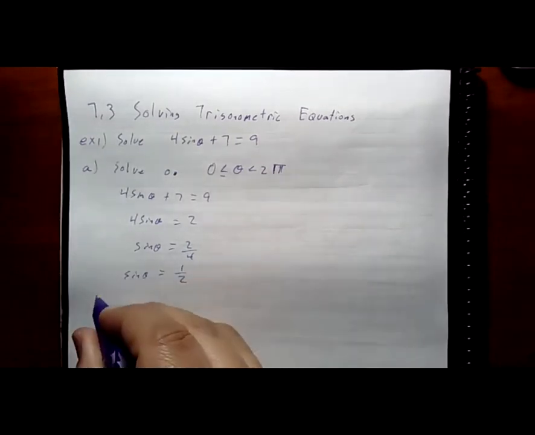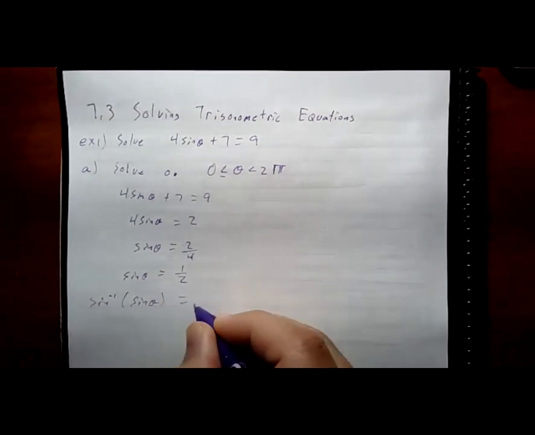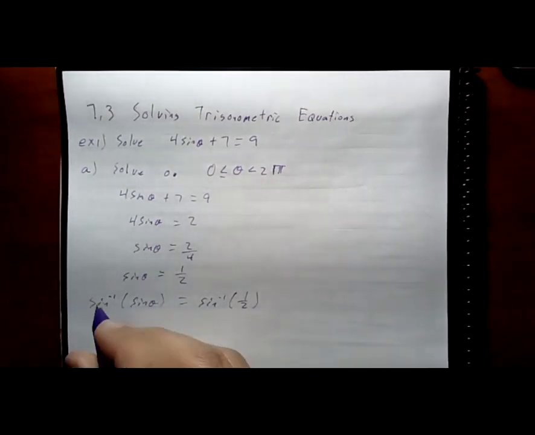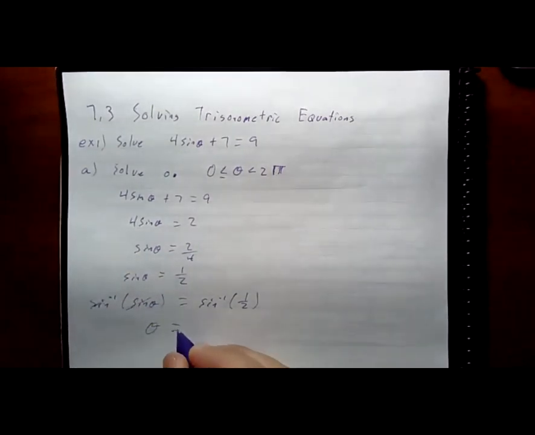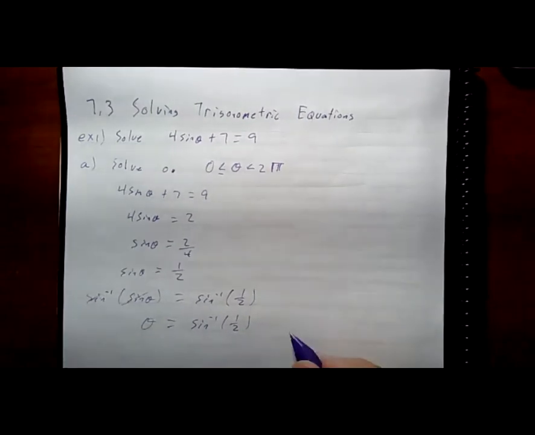Do sine inverse of both sides. So then these cancel. Theta is equal to sine inverse of 1/2. And that's when you use your calculator.